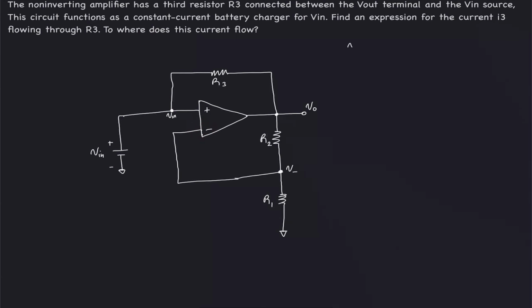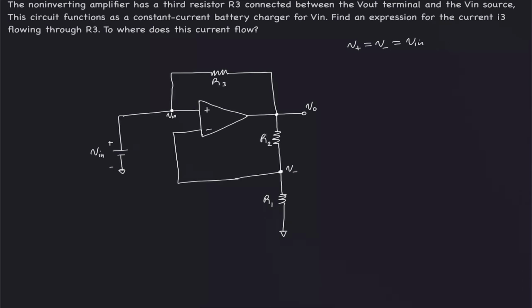So in our case, V plus is equal to V minus, and V plus is equal to V in.